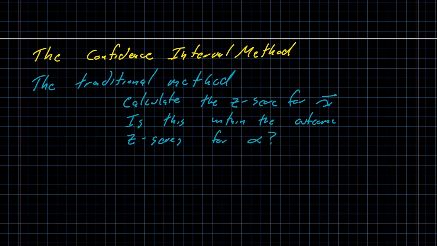If the z-score for x bar is within your range of z-scores for alpha, then your result is to accept the null hypothesis. If your z-score for x bar is outside of that, then your result is to reject the null hypothesis.